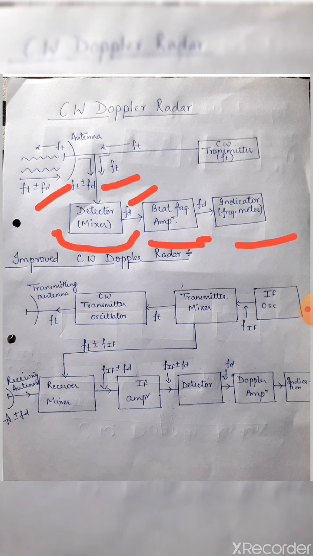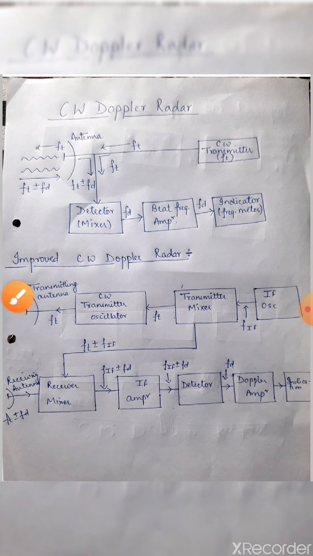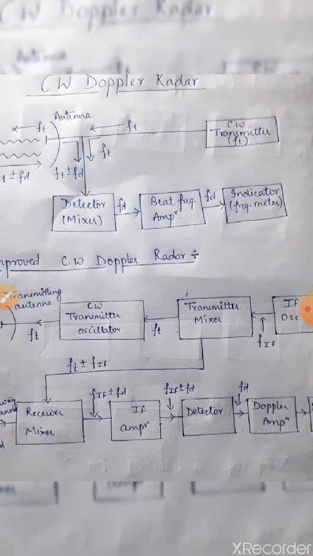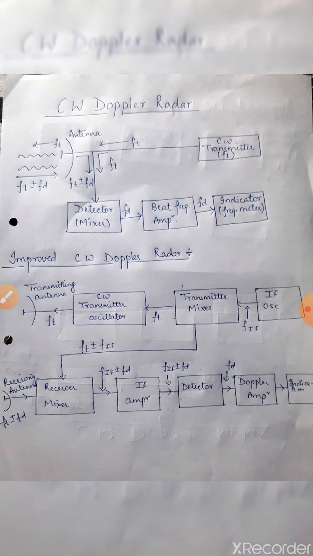Now, the basic CW radar was modified and a new improved version came into existence with IF amplification. What does IF mean? The intermediate frequency. In the improved version of CW Doppler radar, we use the concept of IF amplification.